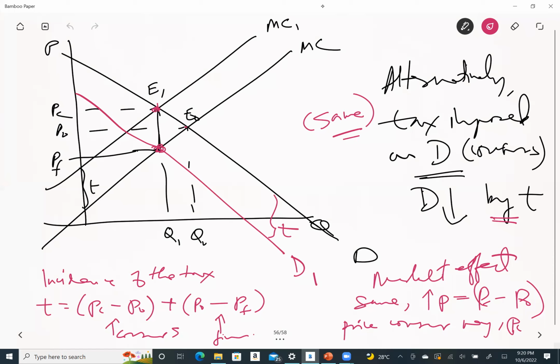If the tax is imposed by the government on the consumers, they will reduce their demand. In other words, there will also be a reduction in the price the firms receive. So there will be backward shifting.